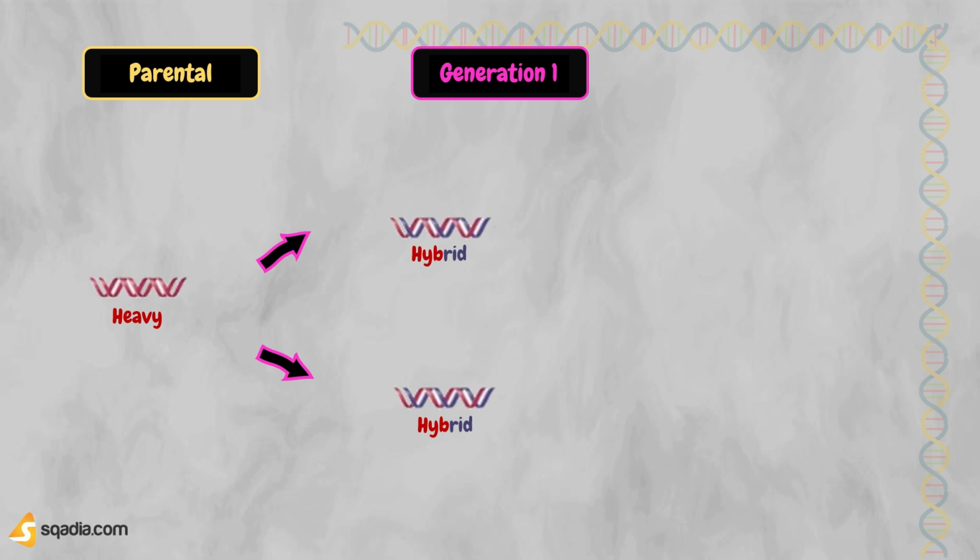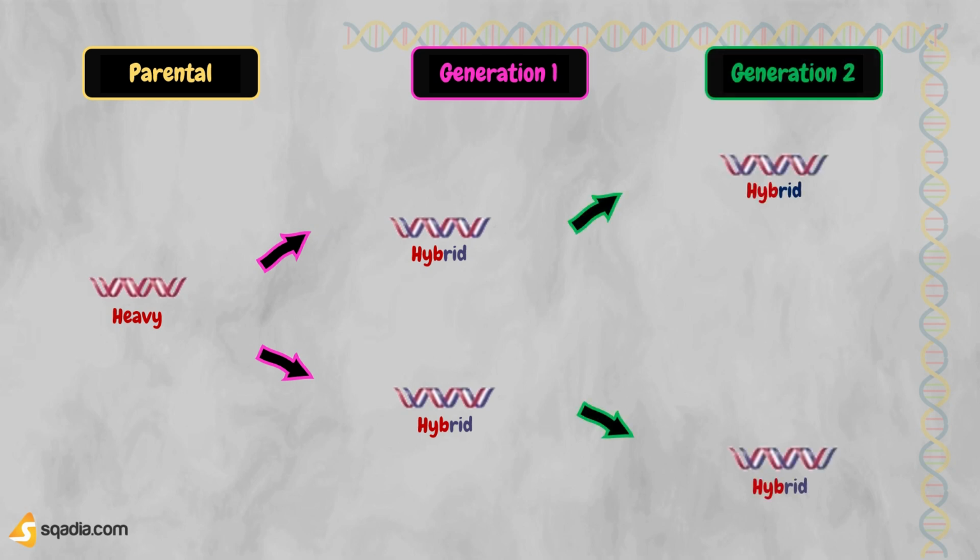After a 2nd generation, the 2 strands of each hybrid duplex have separated. Each strand gains a light partner, so that now 1/2 of the duplex DNA remains hybrid, and the other half is entirely light. Both light strands are blue.